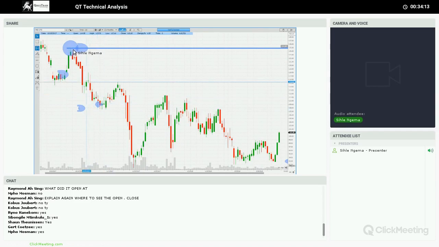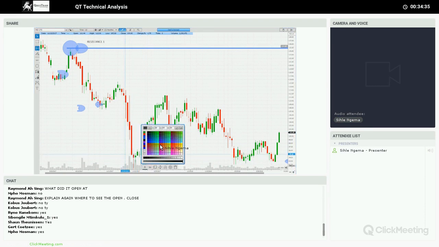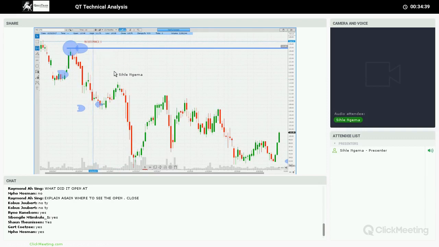Now, since the share price changed direction where my line is, this area is known as an area of resistance. So I will identify it as resistance 1. Right? I have resistance 1 there. I will give it a color. I will give it this color there. This is my resistance 1.